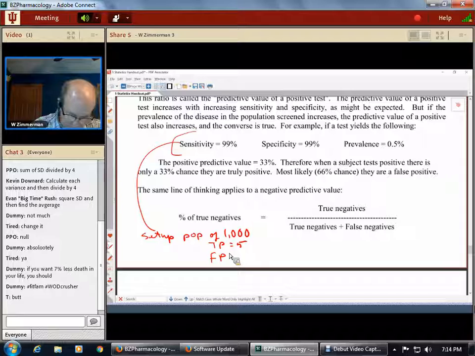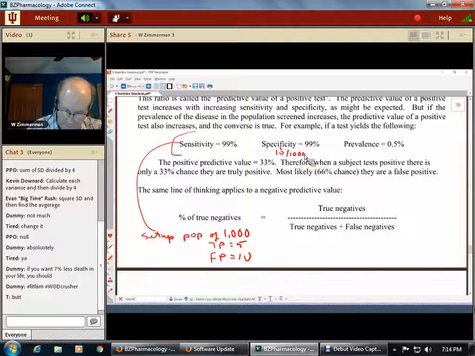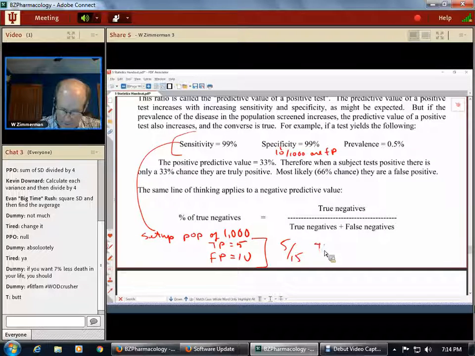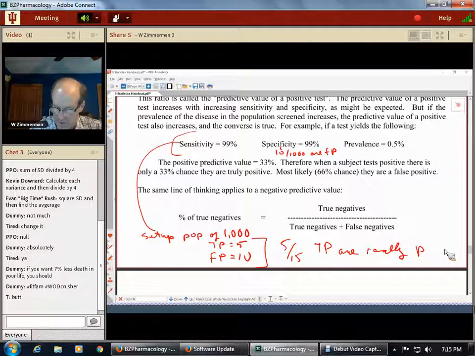So your false positives are going to be 10 out of 1,000. Well, look at that. Only 5 out of 15 positives are really positive for the disease. That's 33%.